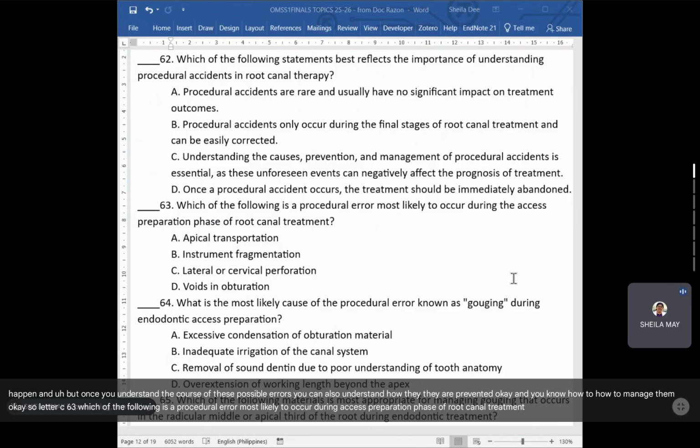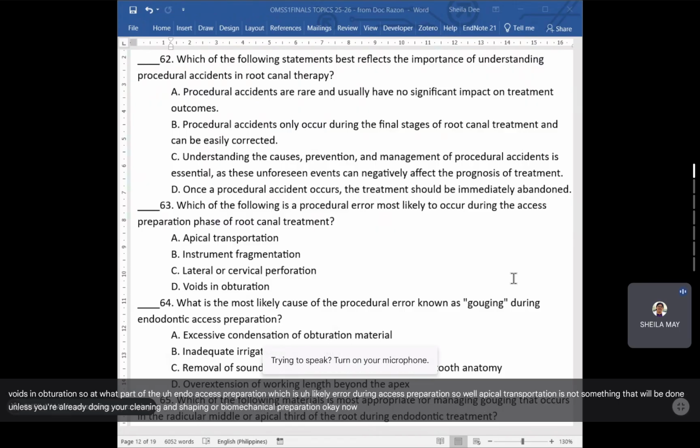Apical transportation, instrument fragmentation, lateral or cervical perforation, voids in obturation. At what part of the endo access preparation is a likely error? Apical transportation is not something that will be done unless you're already doing your cleaning and shaping, or biomechanical preparation.